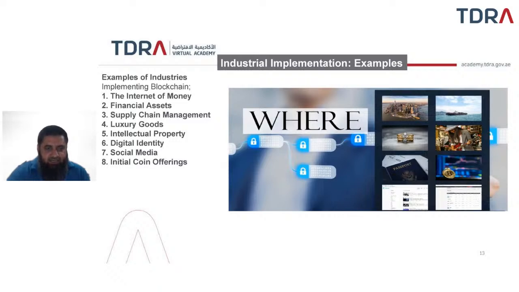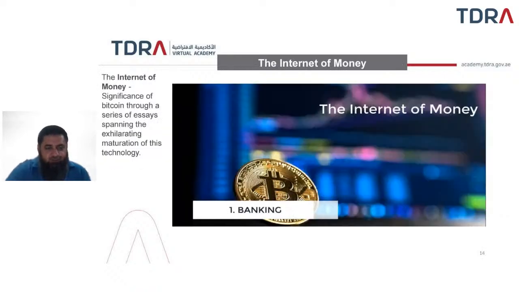So here are the eight examples of blockchain, and we are going to go through all these eight examples one by one. First of all, we are going to talk about how blockchain is the internet of money. We have learned about different technologies like the internet of things, smart homes, smart hospitals. We have different gadgets that are connected to the internet.